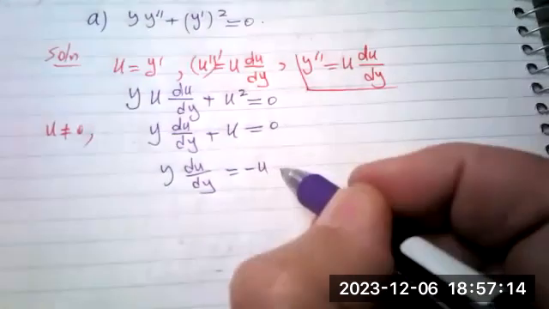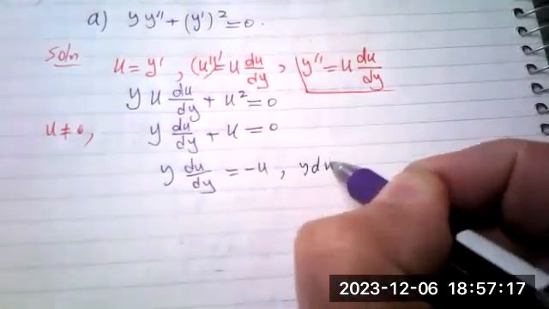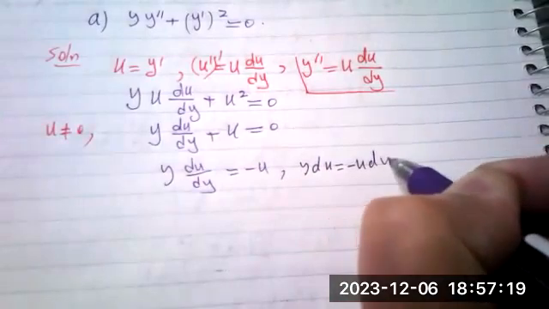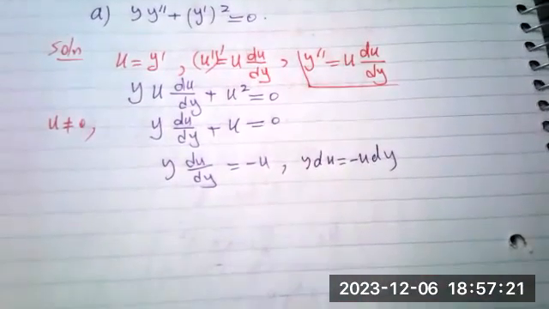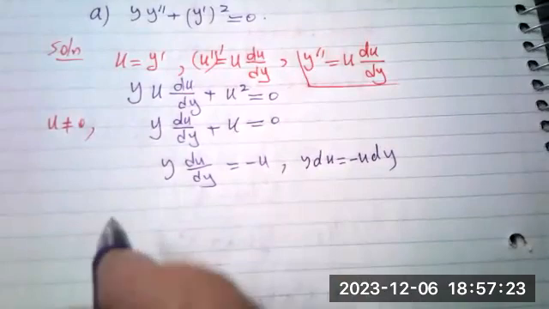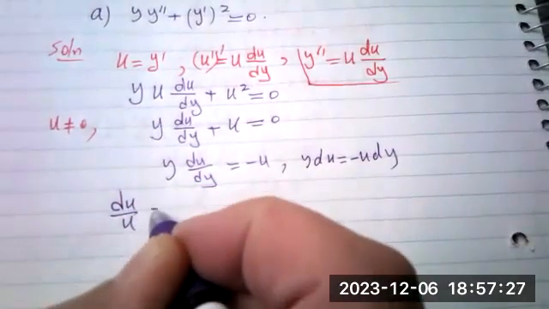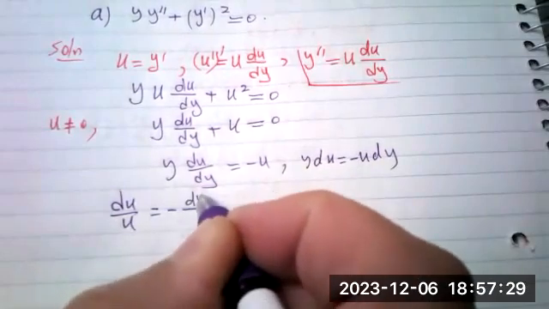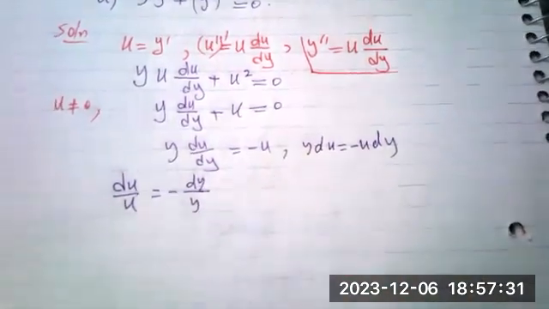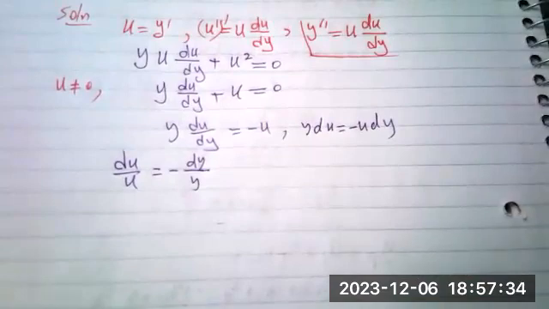You can cross multiply, then take care of it. It's a negative u dy. So put the u together with the du, and y with the dy. So it's going to be du over u, and on the other side would be negative dy over y. You can put this negative in either of those, it doesn't matter. Now it's a separable variable.